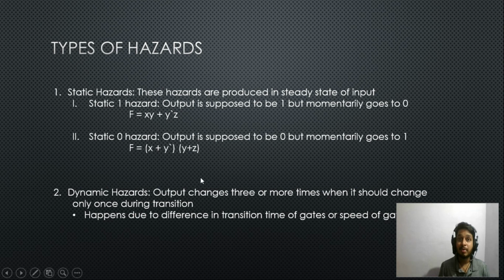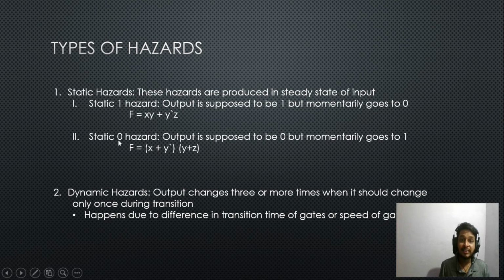And it can happen with min terms, which is like sum of products. Okay, this is an expression which is sum of products, right? X into Y plus Y bar Z. So the static hazards are mainly produced when the outputs are in steady state.